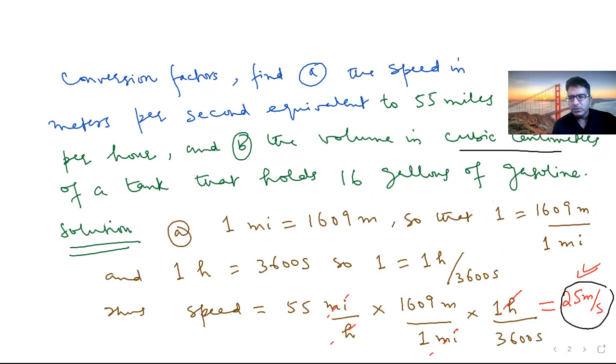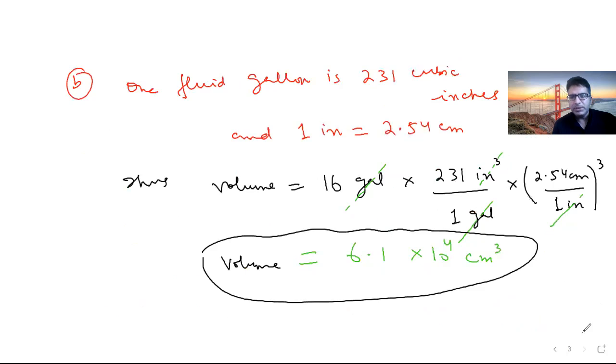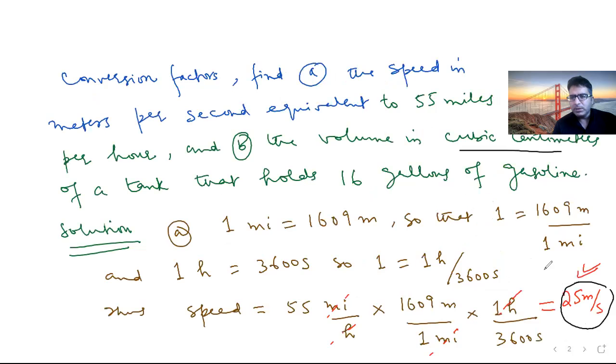We converted it into 25 meter per second. And the given volume was 16 gallon, so we converted it into cubic centimeter. So 16 gallon is equal to 6.1 into 10 raised power 4 cubic centimeter. So you need to check the number, you have to multiply, check this number at home.